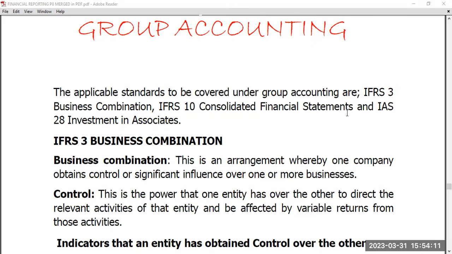What we only need from this is basically the group. Group means it's a combination of the parent and the subsidiary, as we are going to be looking at some of the terminologies that are being used within group accounting.